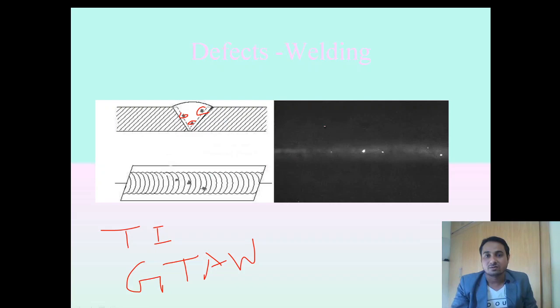Means the tungsten density is very high, and the electron will not travel at all. So very bright dots will be there, and we can identify these as tungsten inclusion.